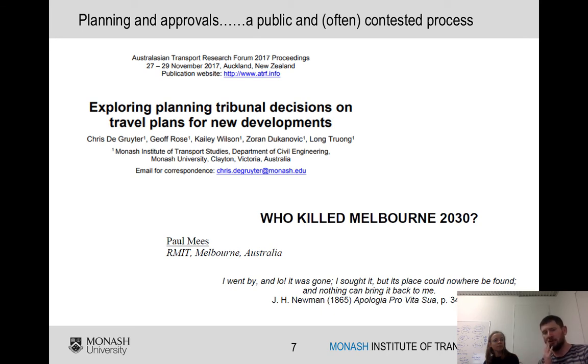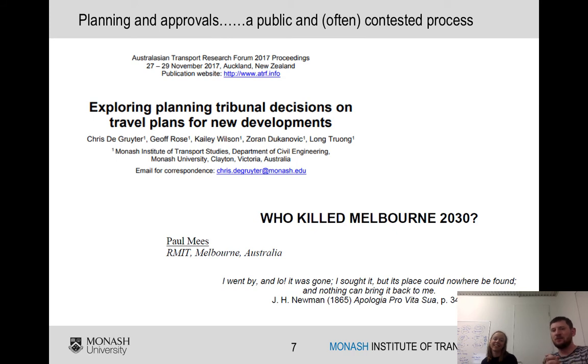Paul Mees, whose work I would definitely recommend you having a look at if you get time, wrote a very interesting piece about Who Killed Melbourne 2030, which was this grand transport plan, well, not just transport plan, this grand planning plan. An integrated transport plan. That's the one, yeah.